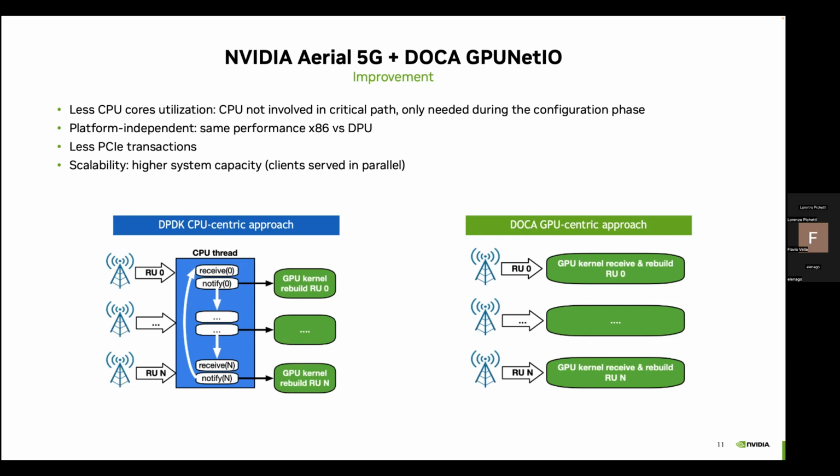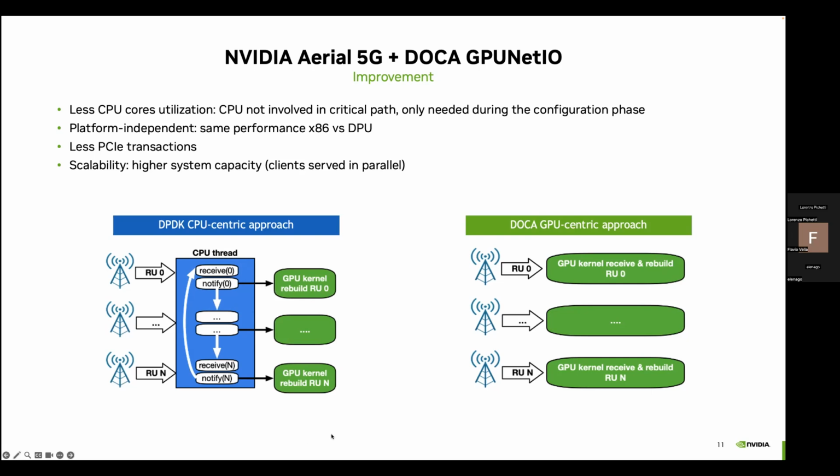But in a 5G system, you don't have only Aerial running. You also have upper layer pieces of software running on the CPU doing other stuff. So it's super easy to run out of CPU cores. And also the PCI bandwidth is heavily used because of all of these communications between the CPU and the GPU.